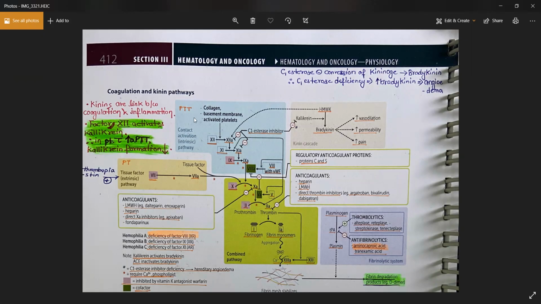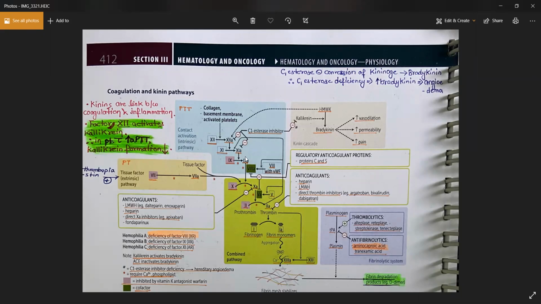So with the PTT, you will measure the intrinsic pathway. With the PT, you will measure the extrinsic pathway. Whenever you have a deficiency of any of the clotting factors in the intrinsic pathway, you can have a raised PTT. Whenever a deficiency occurs in the extrinsic pathway, like factor 7 deficiency, you can have a raised PT.